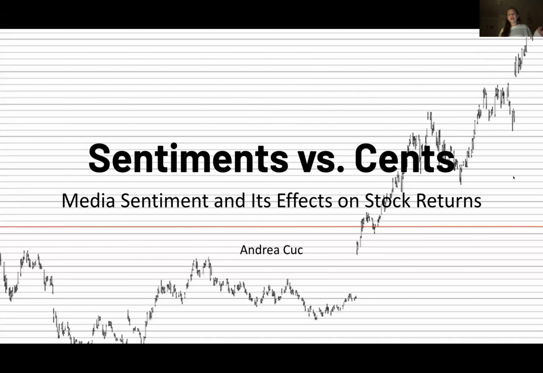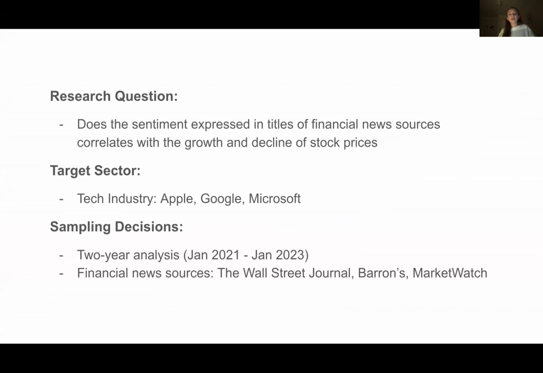Today I will be discussing Sentiments versus Sense, an analysis of media sentiments and their effect on stock returns. I will be focusing on how sentiments expressed in the titles of financial news sources may correlate to the growth or decline of stock prices.